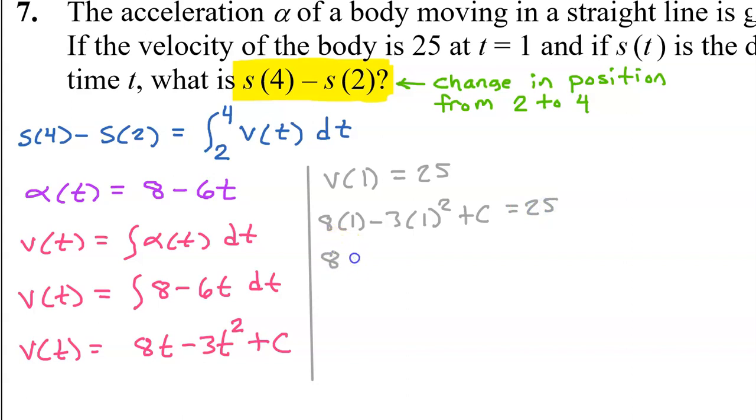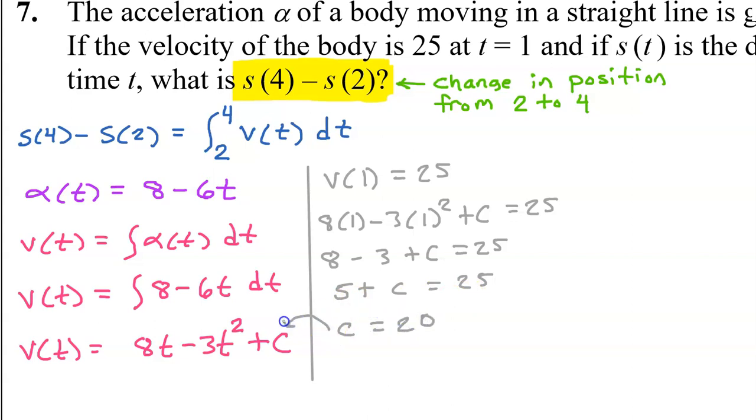So this becomes 8 minus 3 plus c is equal to 25. So 5 plus c is equal to 25. Subtracting 5 from both sides, we have c is equal to 20.